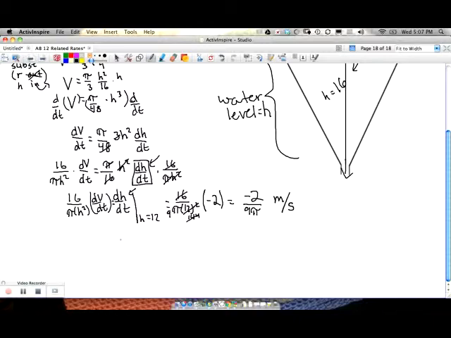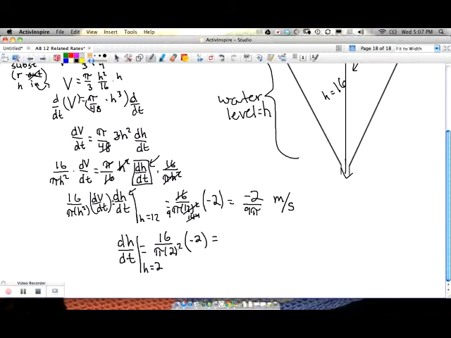And then we got to do the second one here, because that was at h equals 12. But they want to know h equals 12 and h equals 2. dh dt at h equals 2 is going to be equal to 16 over pi times the h squared, and in this case h is 2, times dv dt, which is negative 2. Okay, let's simplify.